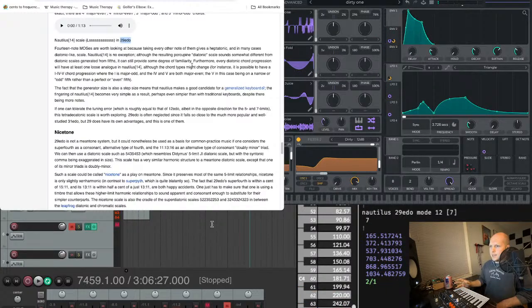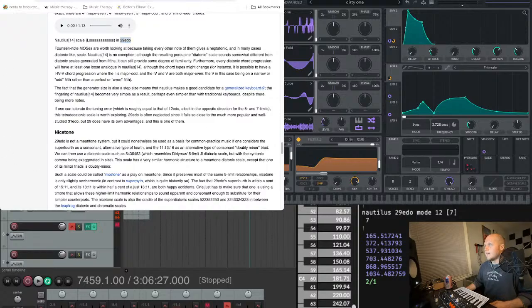So this is a 7-note scale. So from C to G on my keyboard, or any what looks like a fifth on a keyboard, you'll get an octave.